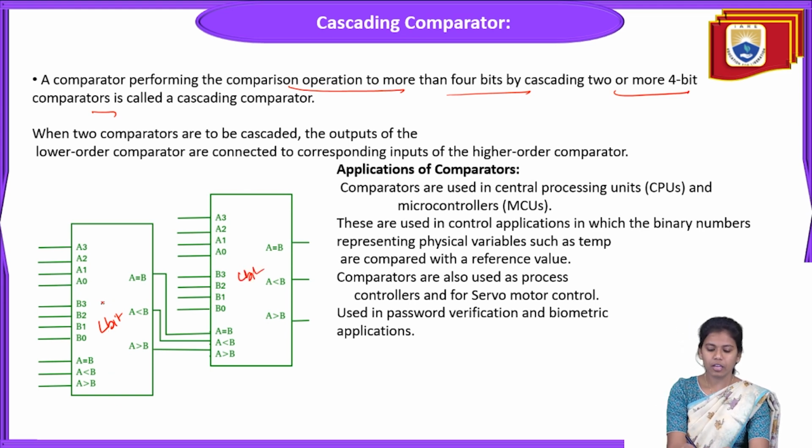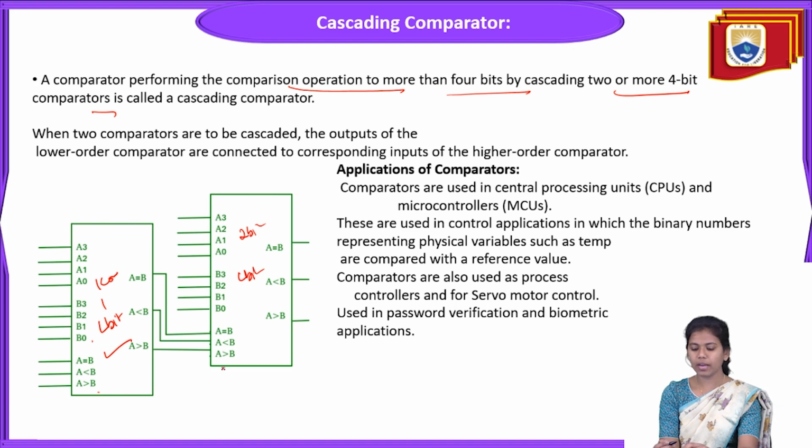If you observe, this is the first comparator I'm considering. For 4 bits, I should have 8 input bits, right? The output is given as input bits to the second comparator. Likewise, I have cascaded 2. I have combined 2. So this is nothing but the cascading comparator.